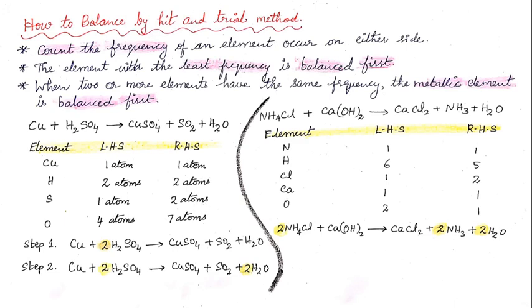To increase the number of sulfur atoms, I have put the prefix 2 for sulfuric acid. So sulfur count becomes 2 now. But the hydrogen count increased to 4 hydrogen atoms. So to increase the hydrogen atoms on the right side, I have to put 2 here.